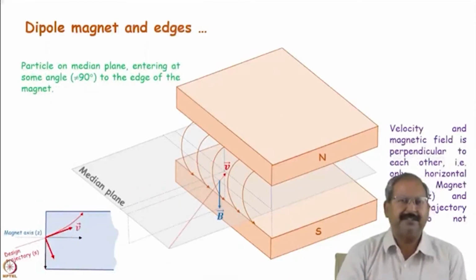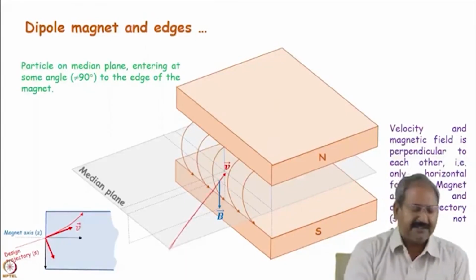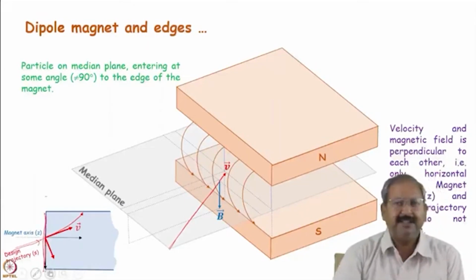Now we change the orientation. In the median plane the design trajectory is coming right from here. If we see from the top, the design trajectory is coming here and the edge is in this direction. So now the edge is not perpendicular to the design trajectory at the entrance.